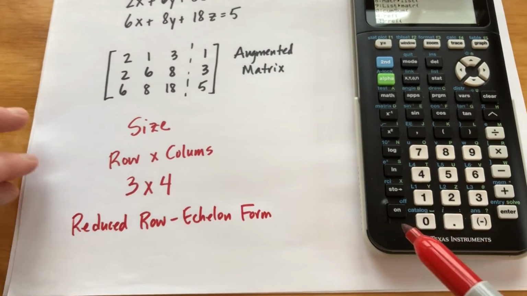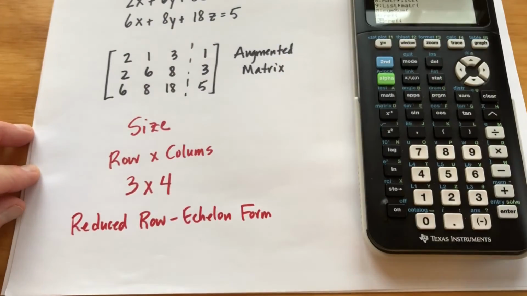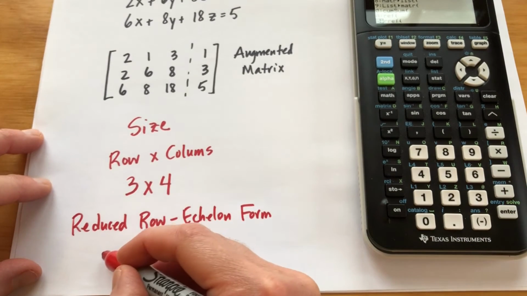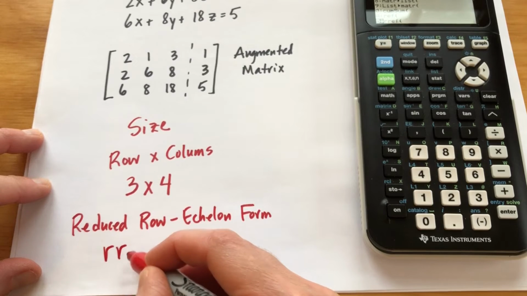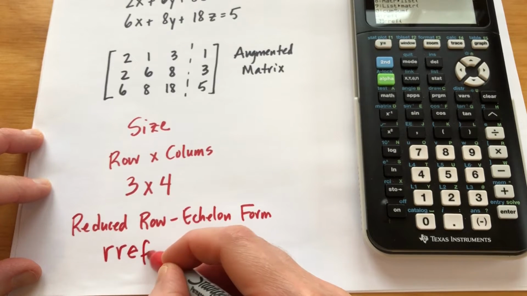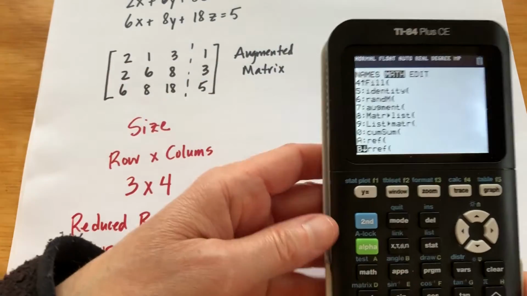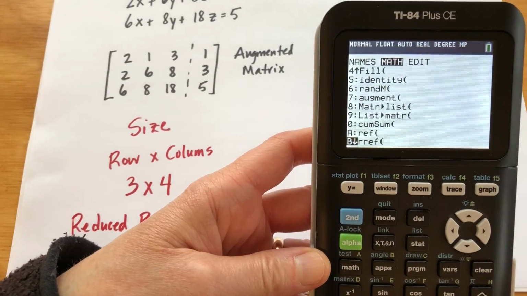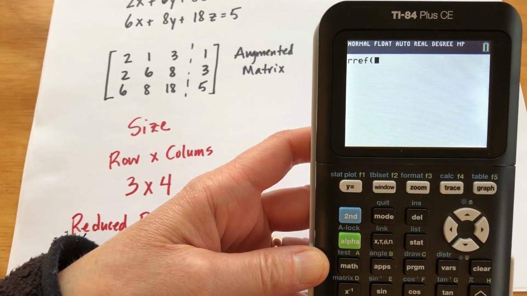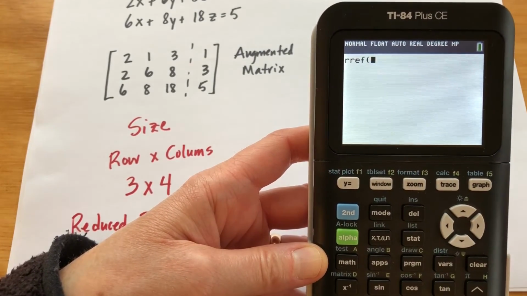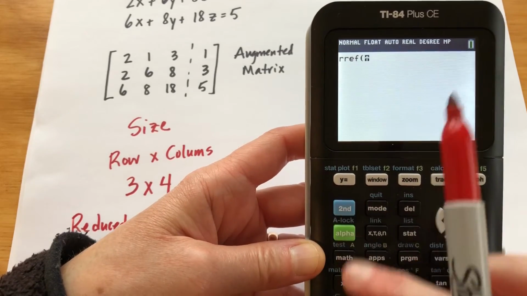And let me also comment, this is one way of inputting this into the calculator. There are other ways we could have solved the system. I'm showing you one. But the option is RREF for reduced row echelon form. It's option B. And that's what we're going to choose. We're going to enter. And the calculator is now asking us, well, which matrix? Well, we only have one.